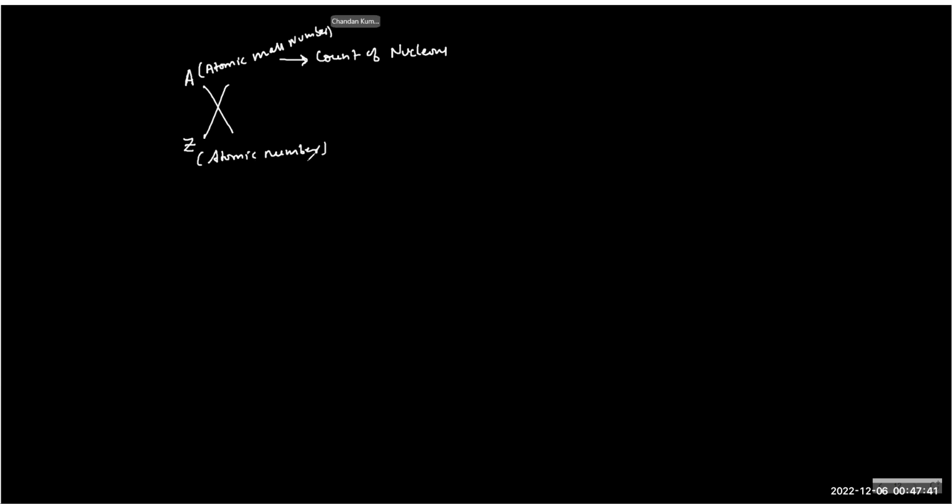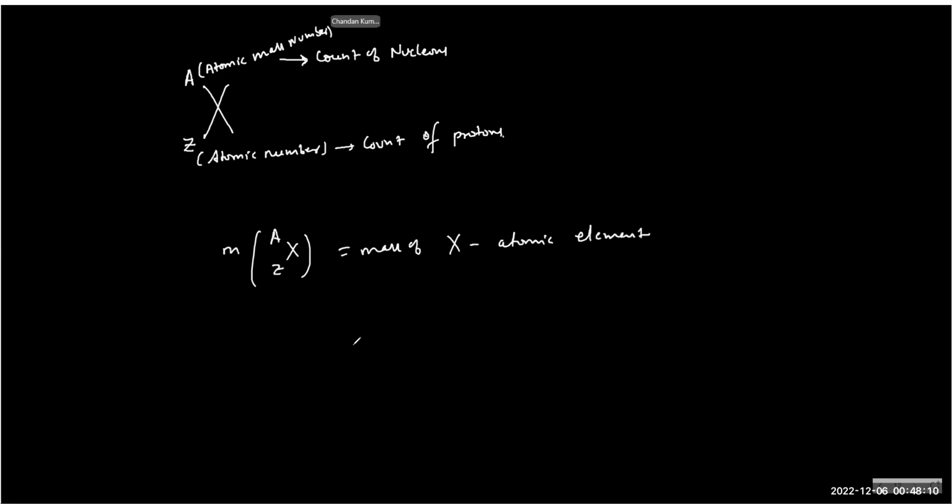Atomic number, which is count of what? Protons. And luckily we know the mass of this, which is called the mass of X atomic element. So what is the mass of nucleus?